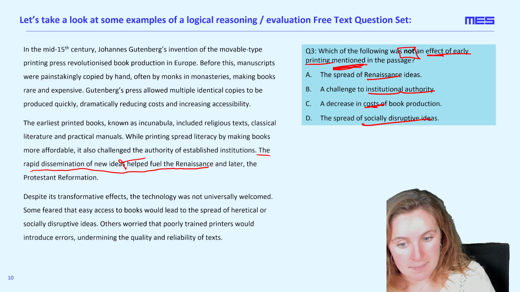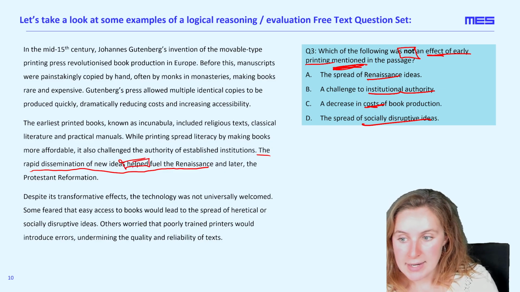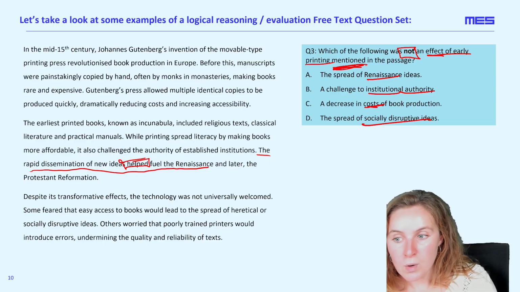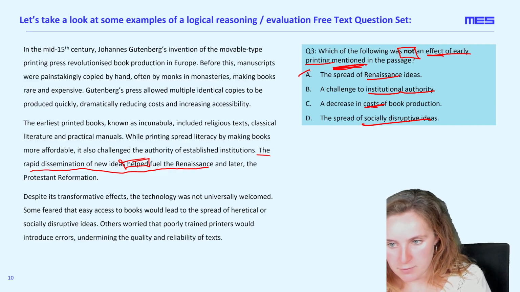So it didn't say might have fueled or could have fueled or possibly fueled. It says that it did help fuel them. So that means that this was an effect of early printing, that the Renaissance was able to be spread through printed books and printed information. Apologies.